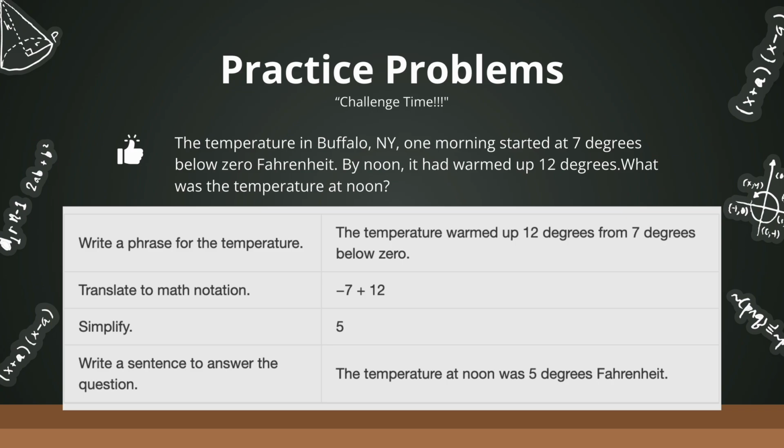Because 7 degrees below 0 is, remember the number line, -7, and 12 is above the 0, so it's positive. Then we calculate and get 5. And then we can write our conclusion: the temperature at noon was 5 degrees Fahrenheit.